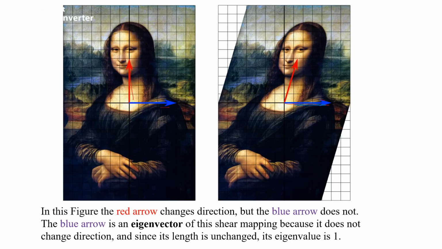So this blue arrow is an eigenvector. The red arrow changes direction, but the blue arrow does not. So the blue arrow is an eigenvector of this shear mapping, because it does not change direction. Since the length is unchanged, its eigenvalue is 1.